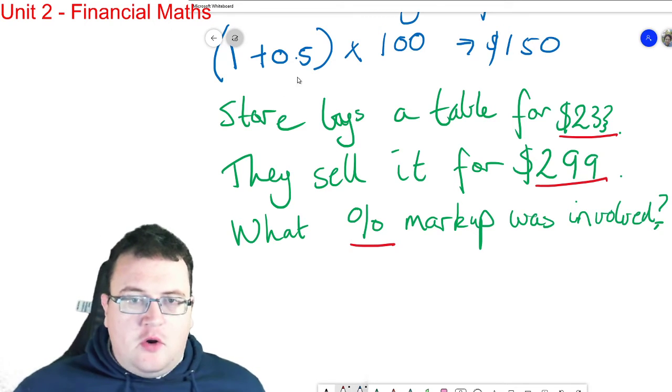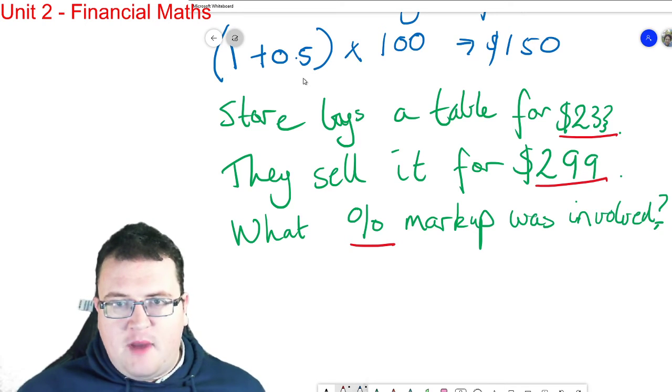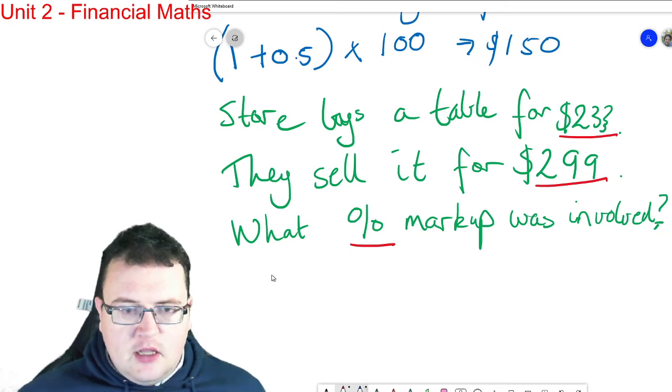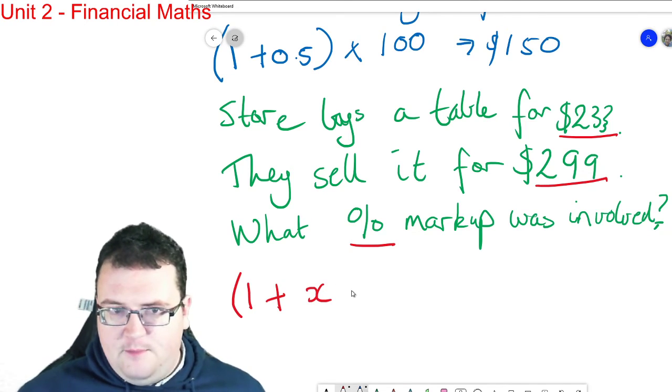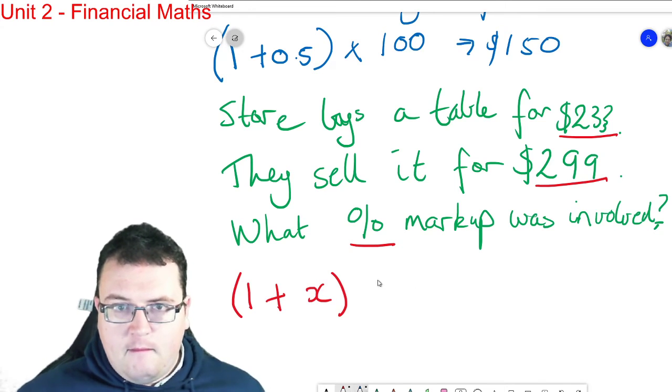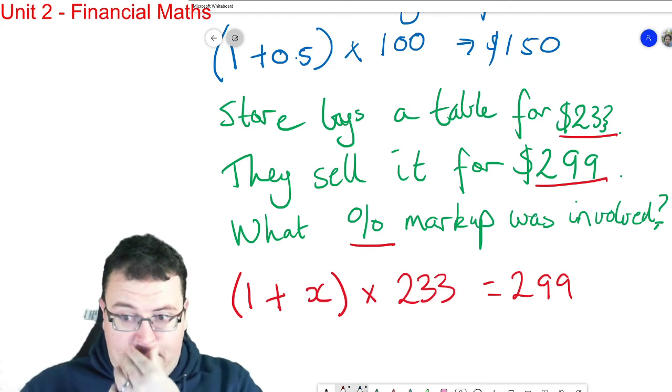All right. So let's look at our equation previously. This is when we knew the markup, we knew the old price, and we wanted the new price. If I write out this equation again with what I know and what I don't know, I do know that my old price was 233 and that the new price is 299.